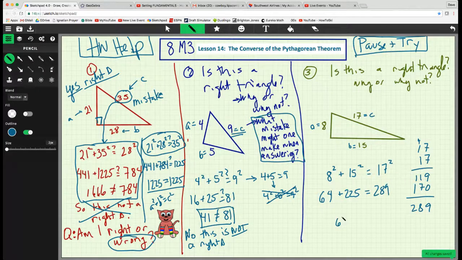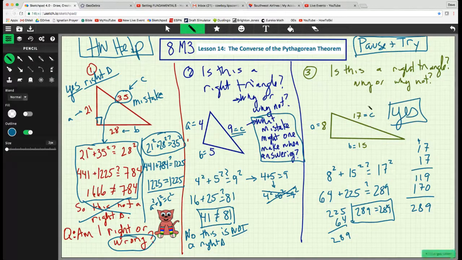Does 64 plus 225, let's add them together, equal 289? Question mark. Well, 289 equals 289. So the answer is yes.